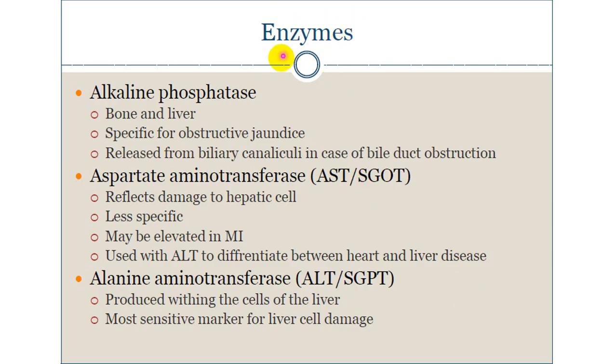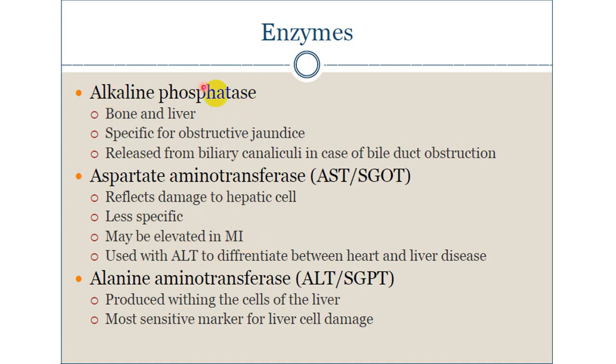We talk about the enzymes. ALT, meaning alanine aminotransferase, is produced mainly within the liver cell, and it is the most sensitive marker for liver damage. The next enzyme is aspartate aminotransferase, or AST, also produced within the hepatic cell, but it is less specific than ALT because it can be produced by other cells, mainly cardiac muscle and skeletal muscle. So it could be elevated in patients with myocardial infarction.